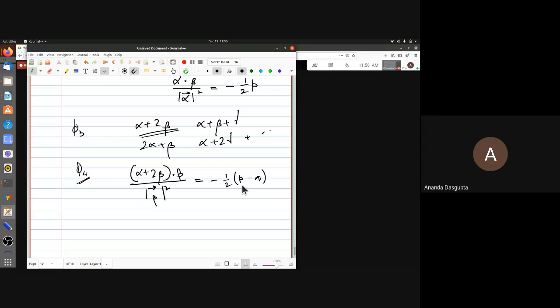Fine. But since you started with alpha and shifted with beta once, you know you can go back one step at this stage. Shifted with beta again, you know you can go back 2 steps at this stage. So you know that for alpha plus 2 beta, the maximum number of times you can go down by beta is 2, right? Is that okay?